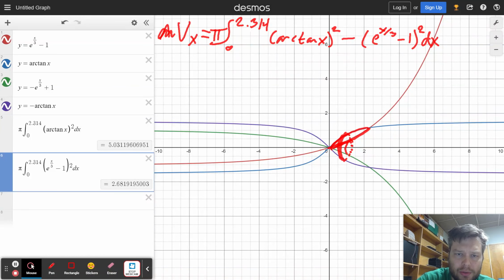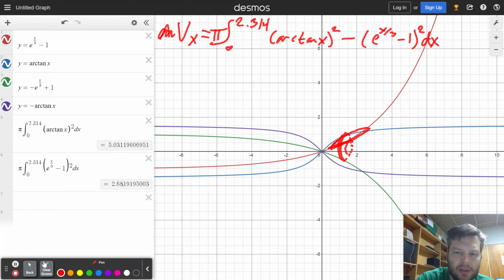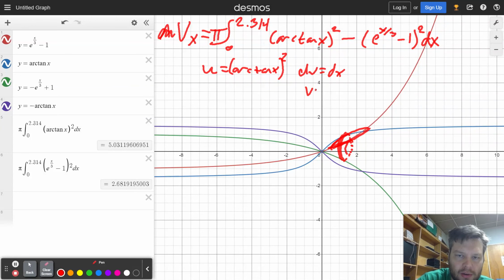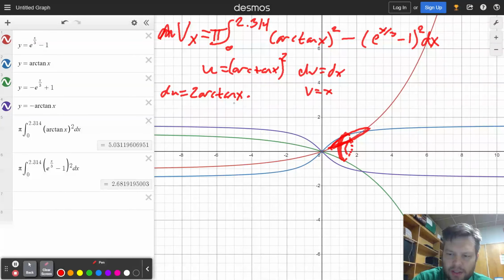I could try to do integration by parts, where I would say something like u equals arctan of x squared, and then dv equals dx, and this might work out. v equals x. The thing I'm worried about is my du, 2 arctan of x, and then what is the derivative of arctan?